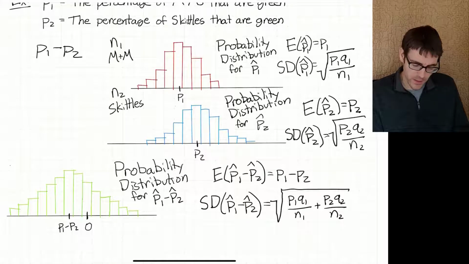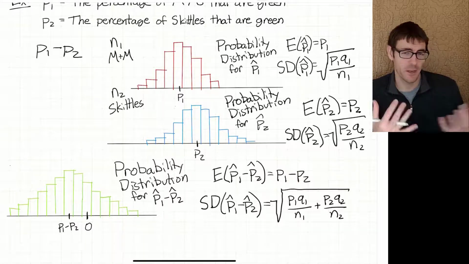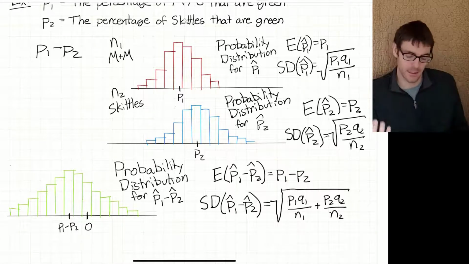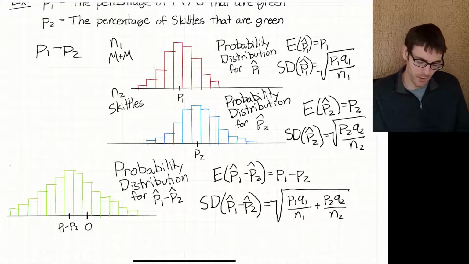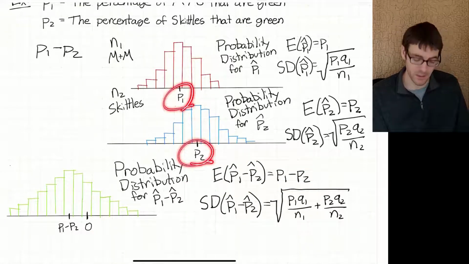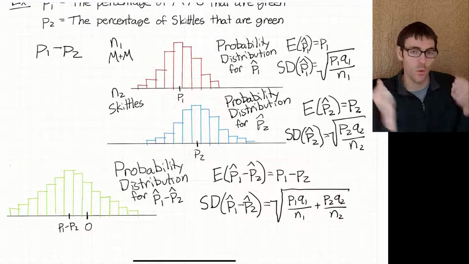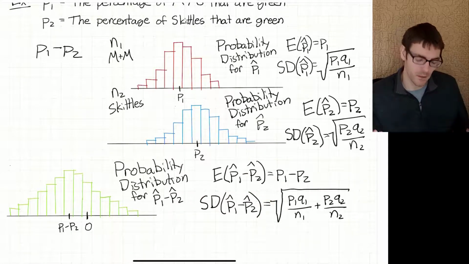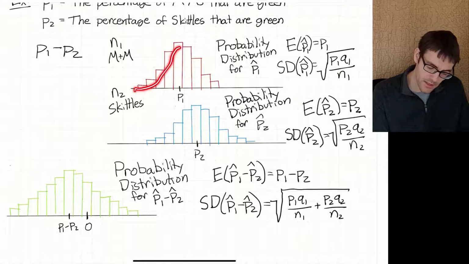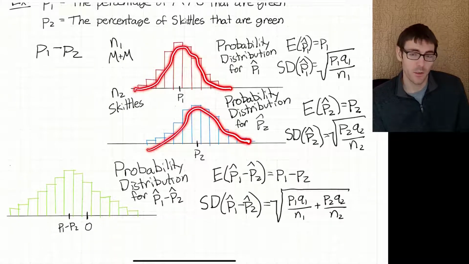You might ask why we add these components while we subtracted for the expected values. The main reason for this discrepancy is that we're talking about two totally different ideas. For expected value, we're talking about the comparative positions between P1 and P2. When we were talking about the difference between them, we're just subtracting these two quantities. Standard deviation is a measure of uncertainty. At least the way I've drawn this, the standard deviation of each of these probability distributions are pretty similar.